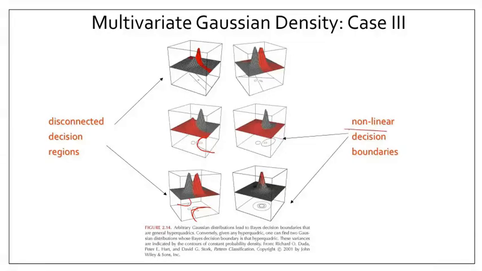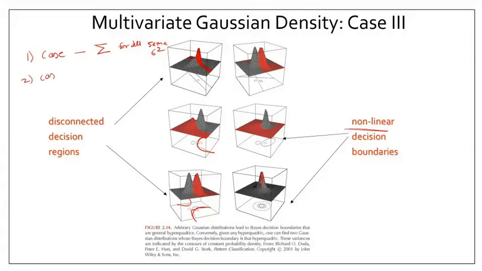So we have seen three cases. Case one, where sigma is the same for all, and all the diagonal elements are the same variance.